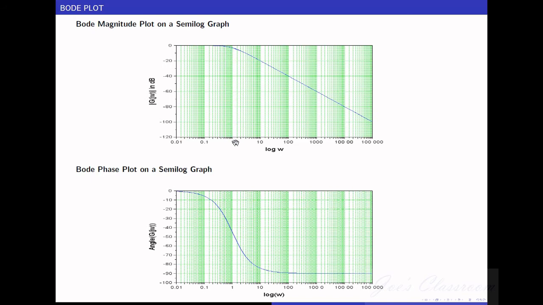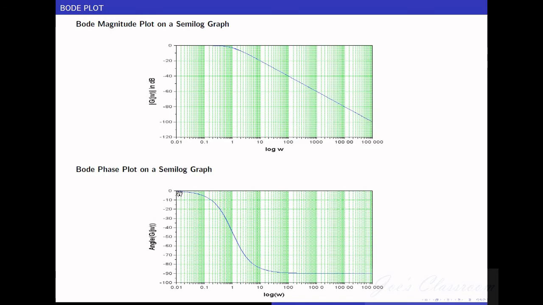And after 1 radians per second, the gain reduces. For example, at a frequency of 10 power 5, the gain is almost minus 100, which means that the gain is 10 power minus 5. So it is a very, very small gain.